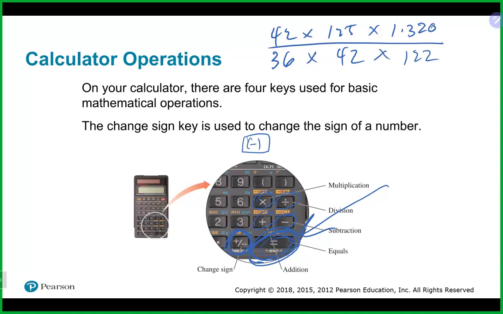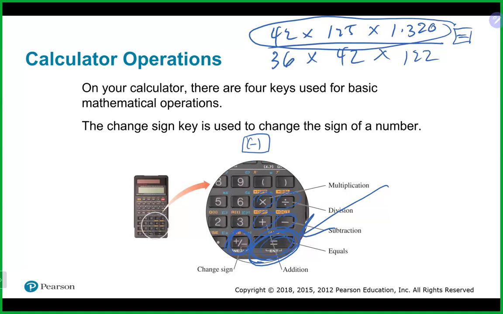If you had something like this, my recommendation would be to take as many numbers as you want on top and multiply them all together. But you should then hit the equals button at the end. Then all those numbers on the bottom are going to be divided, right? What people often do is hit the divide button and then hit 36 times 42 times 122 and get the wrong answer.